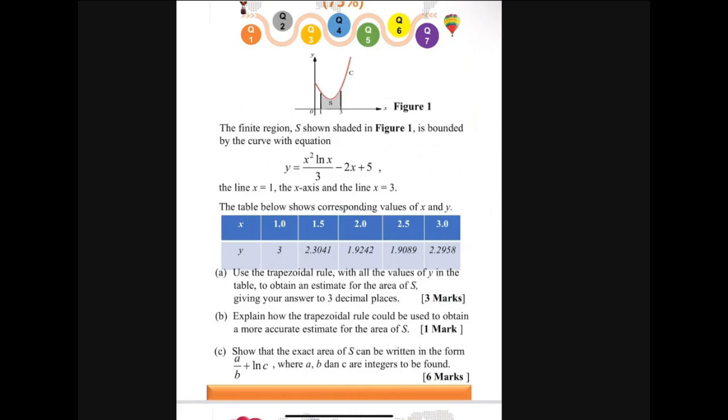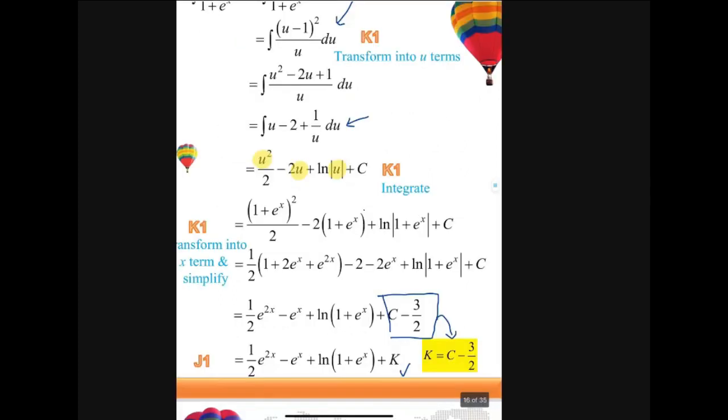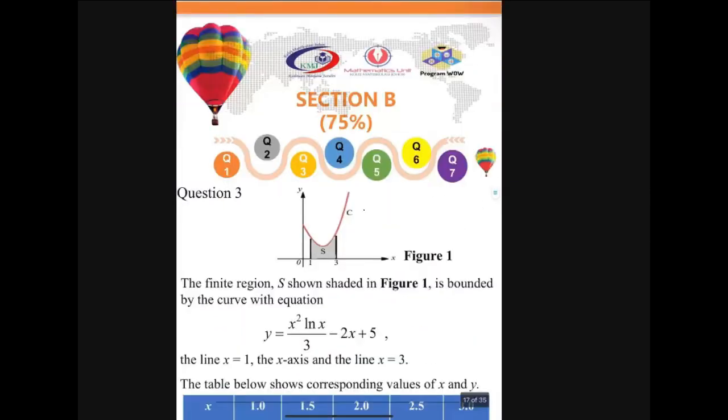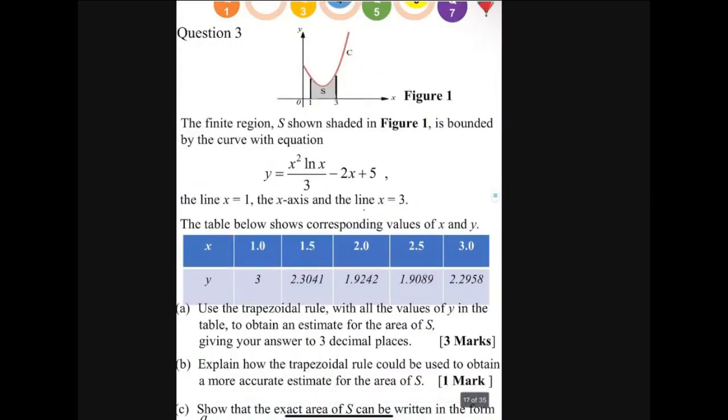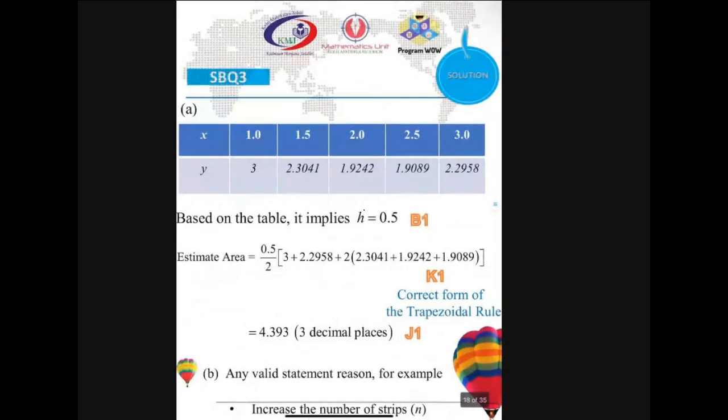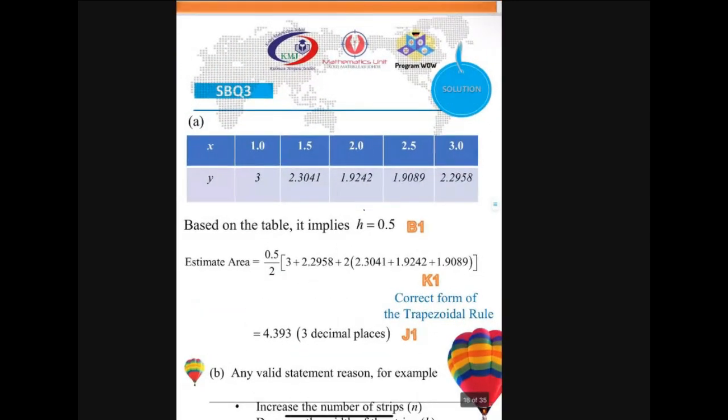In order to find that, straight away subtract two different values of x. I choose the first value and the second value. If I subtract that, we get our value of h as 0.5. That is the width of our strips.